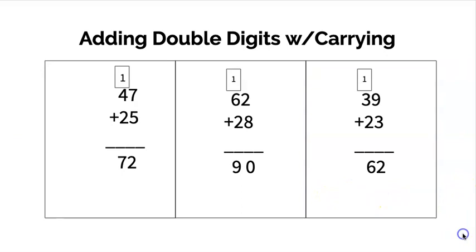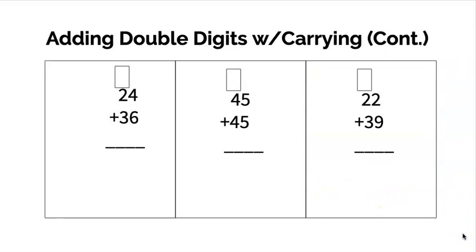All right, so I got a couple more examples because this is new, so I wanted to do plenty of examples. All right, we have 4 plus 6. 4 plus 6 is 10. Put your 0. Carry your 1. Remember, because 1 and 0 gives you 10, the 0 has to stay in the ones column.